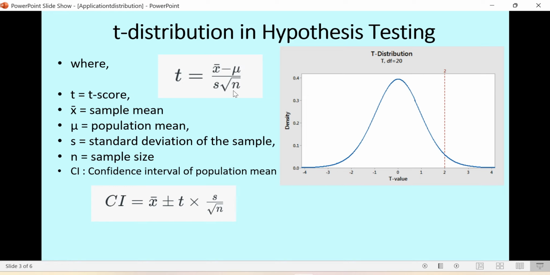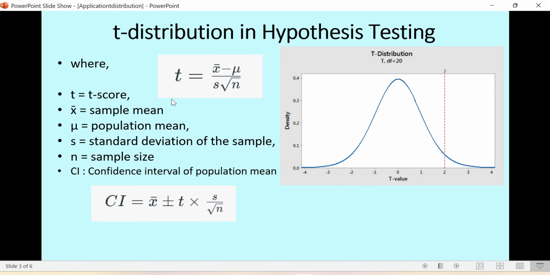Here n is the sample size, 20, and s is the standard deviation from the sample, because we do not know the population standard deviation, so we use the sample information. Only mu is the value we want to test and all the others are from the sample, so we get this t, called the test statistic or t-score.